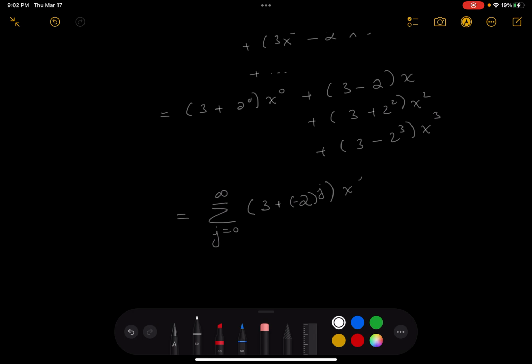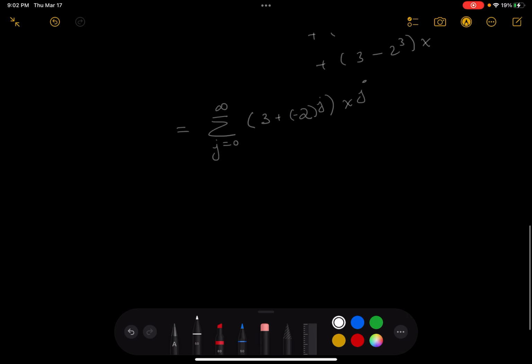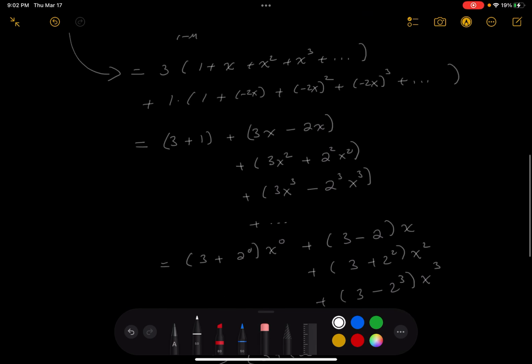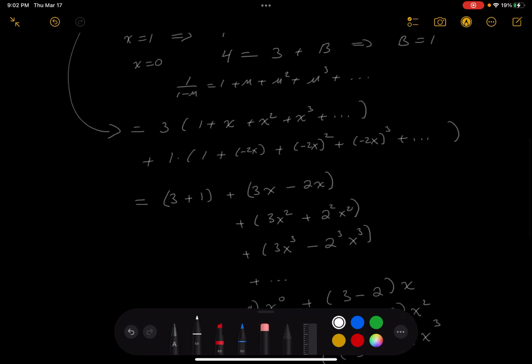Now, what goes over here? x to the j. And what they want, the nth term, I'll write this down, a_n, we'll look at the key in a moment, is 3 plus minus 2 to the n, x to the n. They want to know the interval of convergence. And as I do that, I'm going to go back over here, and I'm going to say this only works if that's the case. So looking at it, I got 2 problems to look at, right?